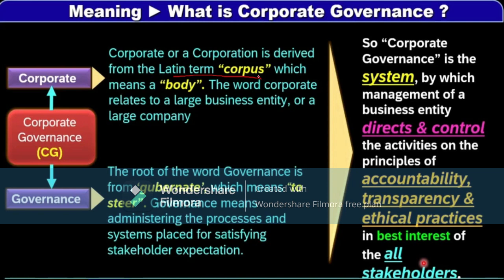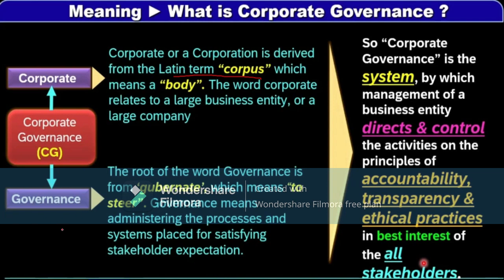Corpus means body. So the word corporate relates to a large business entity or a large company. Where we use the word corporate, it gives the meaning of a large company, a body.